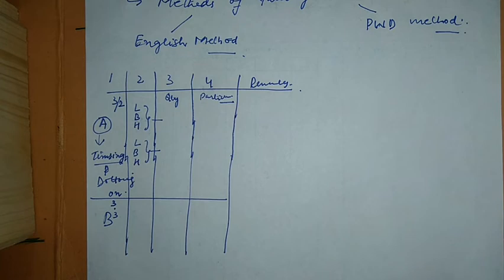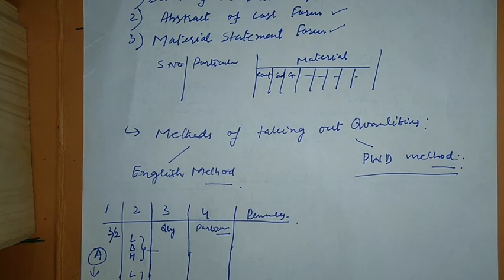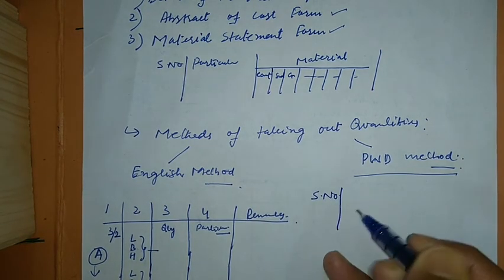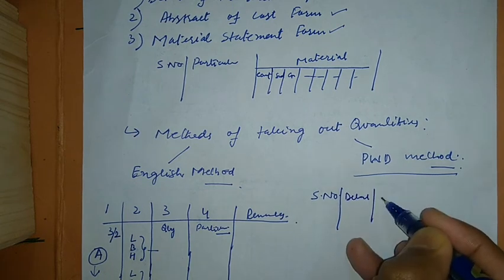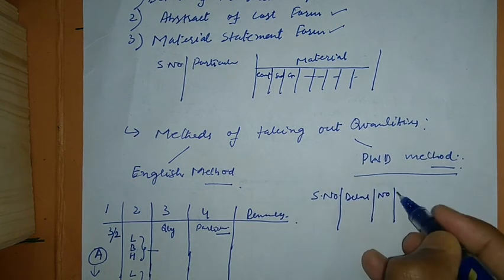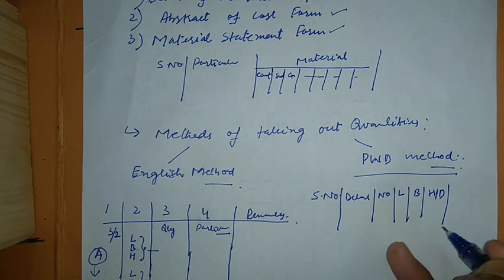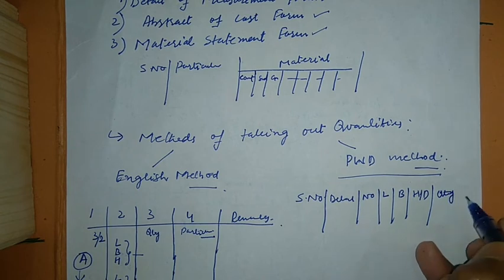Now coming back to our main method, that is PWD method. In case of the PWD method, we have a simple measurement form, that is we will have the serial number, then the details, then the number, then the length, then the breadth, then the height or the depth, then the quantity, and finally the remarks.